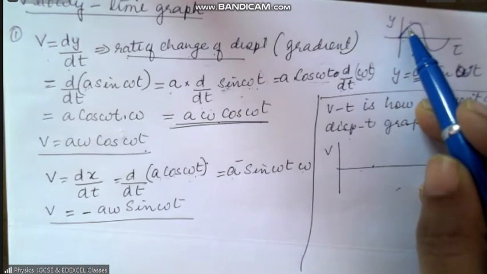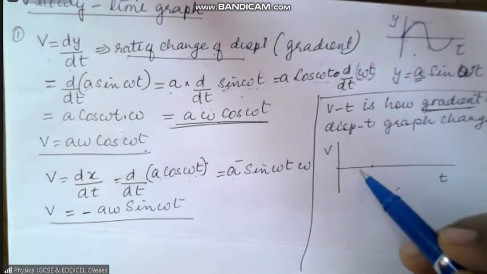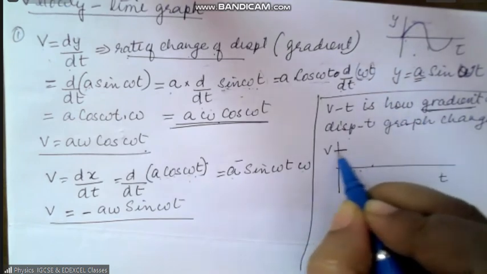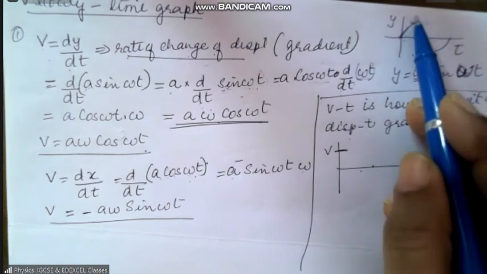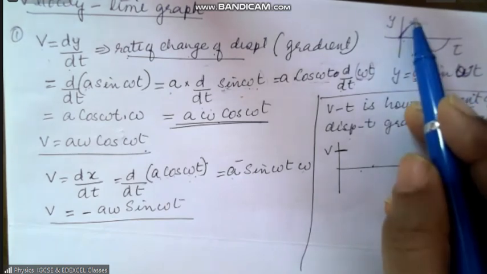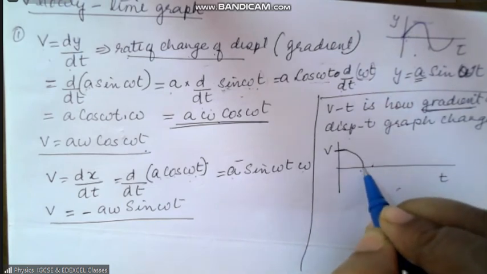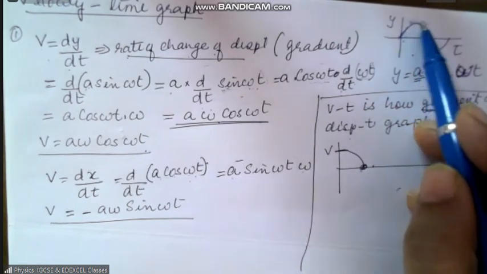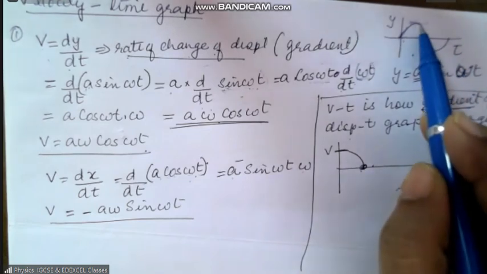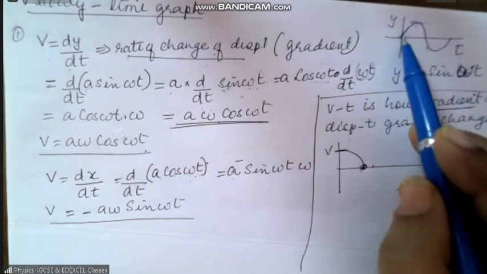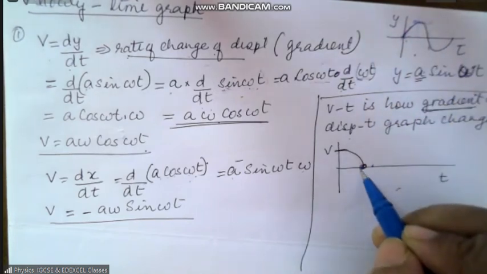Then the gradient decreases to 0. Just show that over here. Maximum gradient means maximum velocity. Then in one quarter, this is 90 degrees. After 90 degrees, the gradient becomes 0. Now what happens? It's a negative gradient. Here it was a positive gradient, so this was in the positive part.